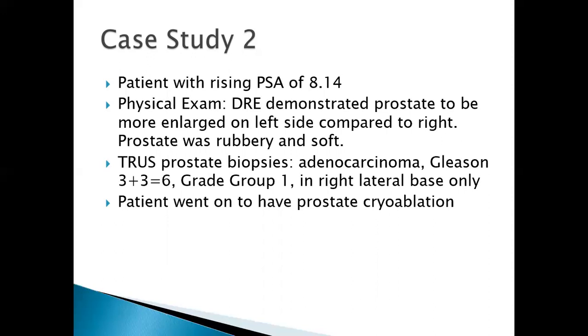So this would be considered a negative DRE. It's a negative DRE because it's negative for cancer. There's no indication from that DRE that the patient has cancer. So the DRE is negative for cancer.